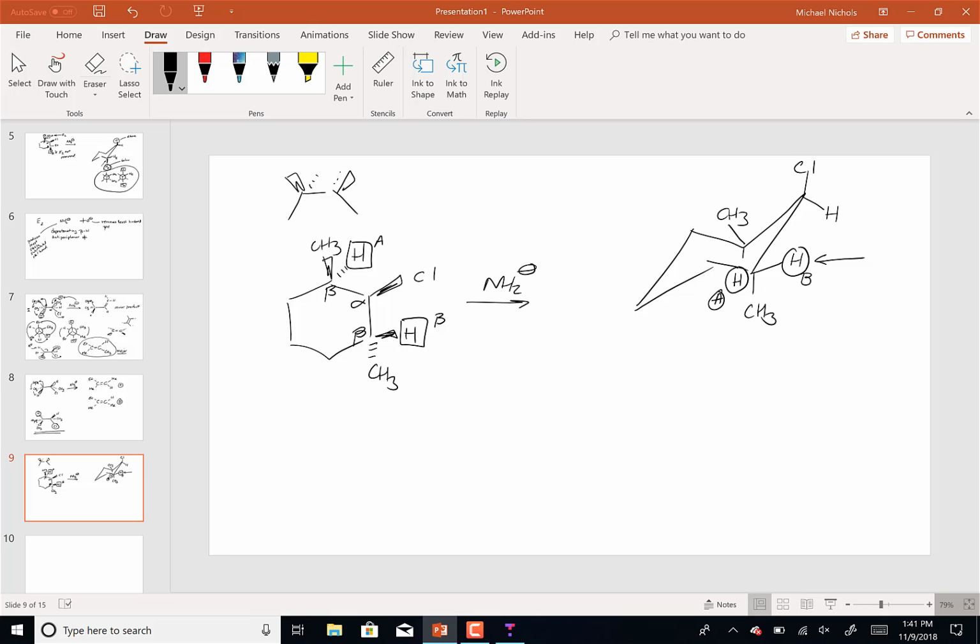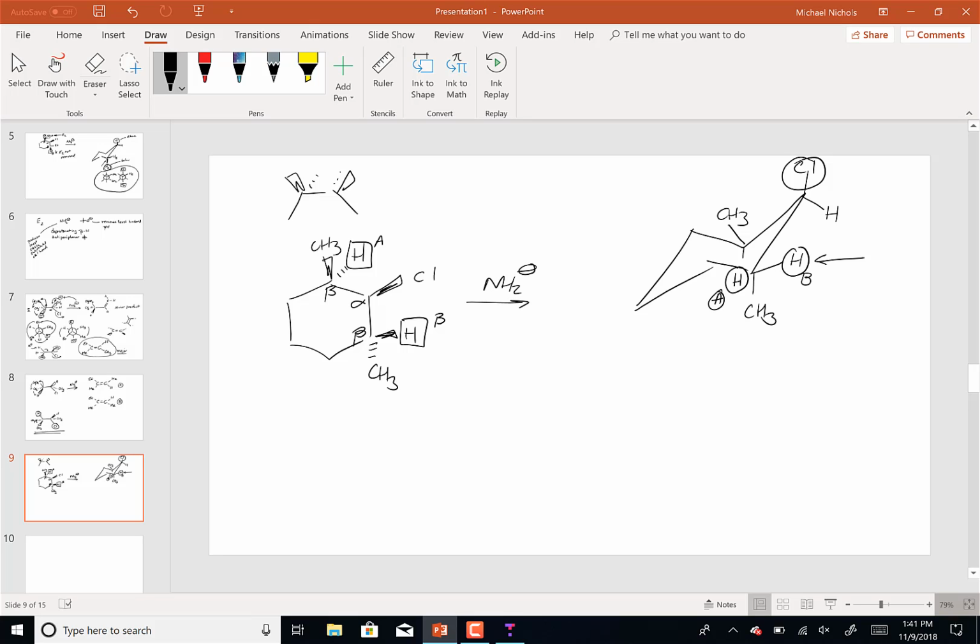The opposite of the chlorine. What's the chlorine? Axial. Josh, what were you going to say? It's above the chair, the axial position chlorine, and then the hydrogen HA is below the chair.